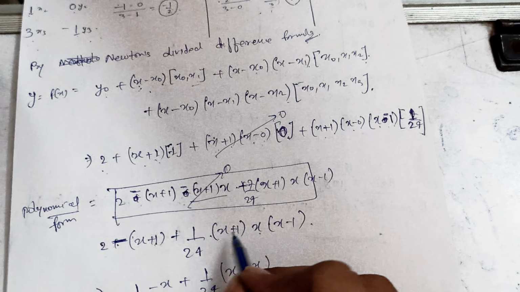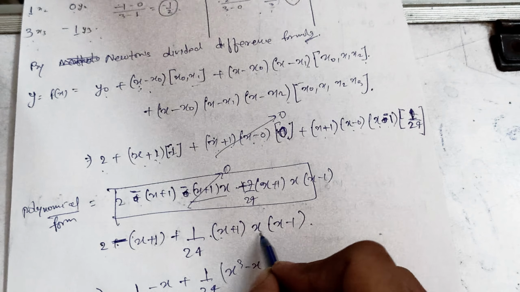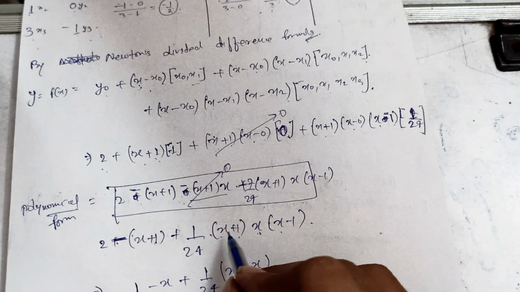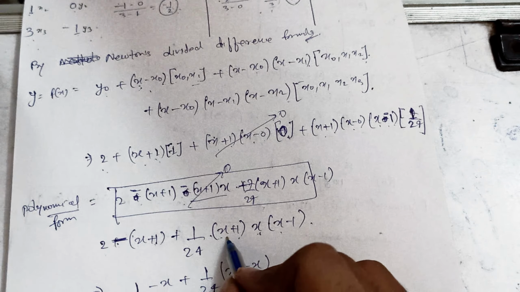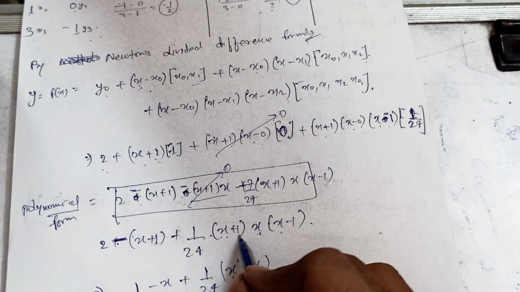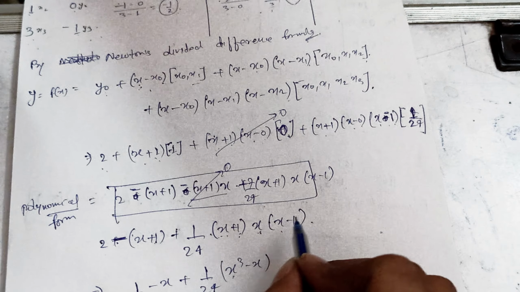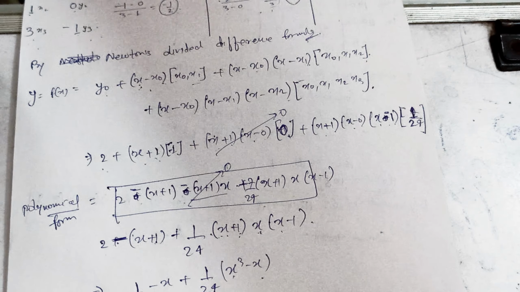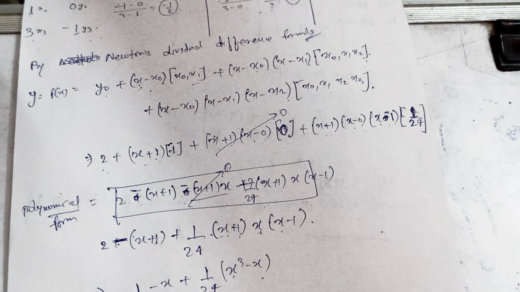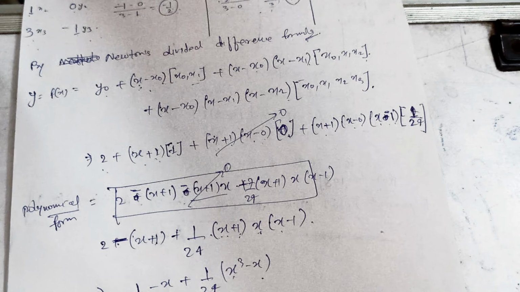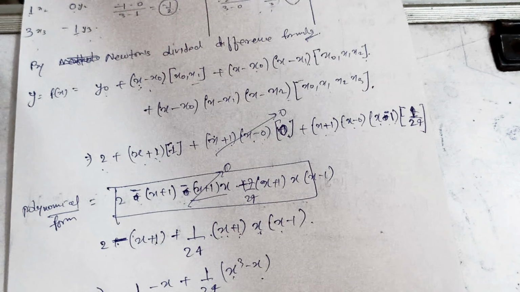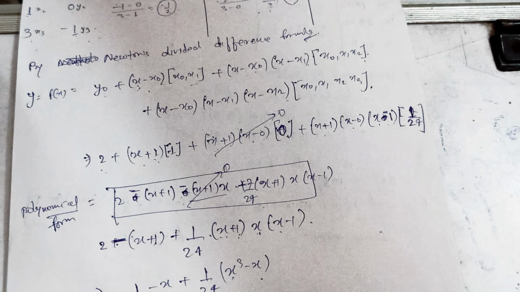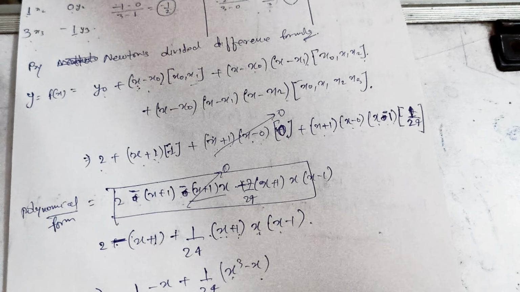Firstly x will be multiplied with x plus 1, that will be x squared plus x, and then that will be multiplied with x minus 1, and we'll get x cube minus x. So the final polynomial p of x will be equal to 1 minus 25 upon 24 x plus 1 upon 24 x cube.